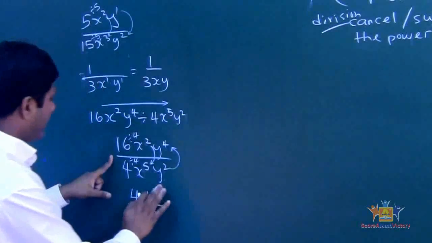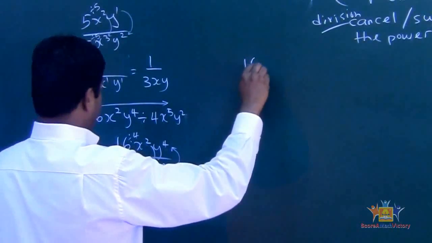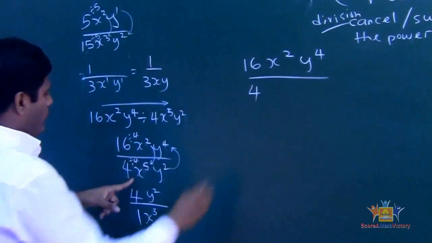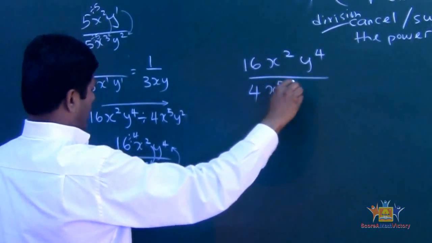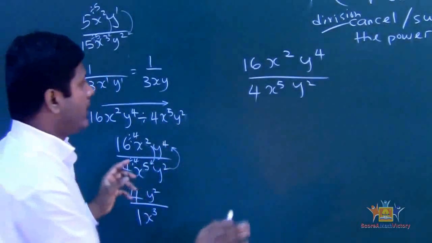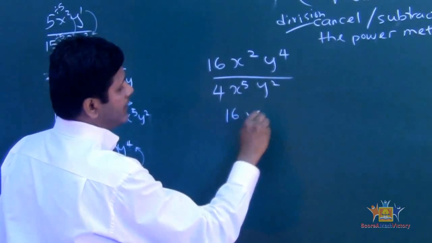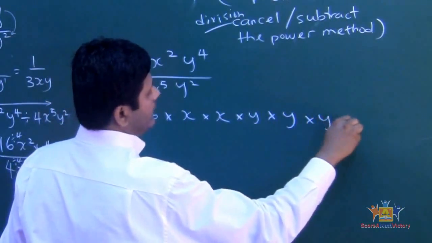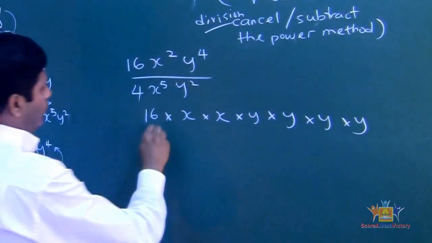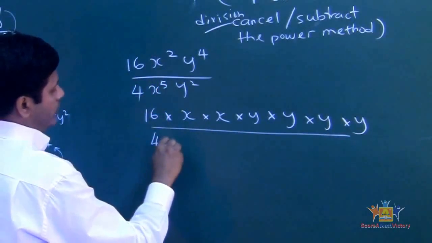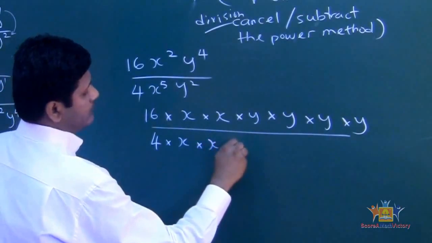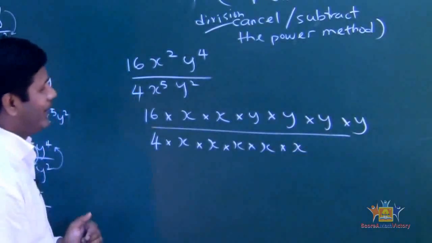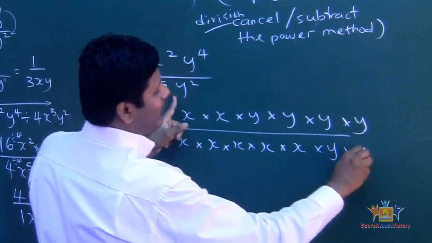So let's expand this, okay? So let's take this one. 16x squared y to the 4th power over 4x to the 5th power and y to the 2nd power. We're going to expand this, alright? So this is 16 times x times x times y times y times y times y, over 4 times x times x times x times x times x, 1 2 3 4 5, and then times y times y.